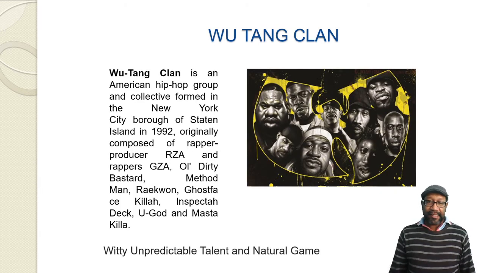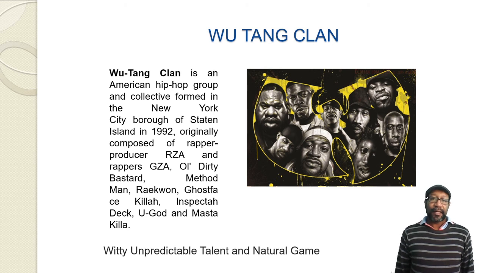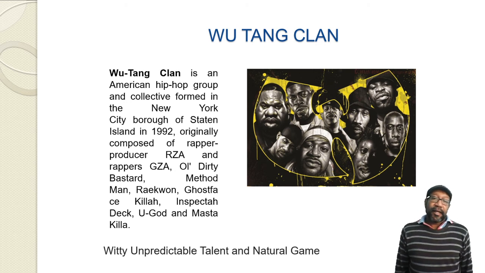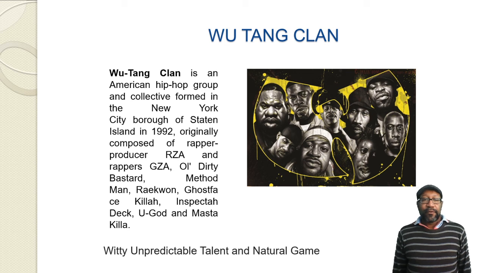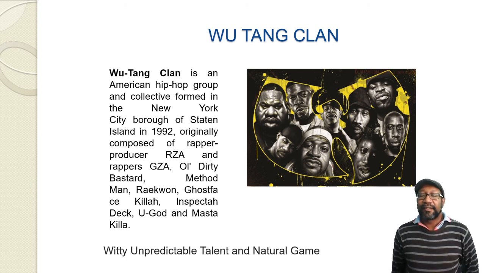Here we have another example of using acronyms. This is a hip hop group named Wu-Tang Clan, right? Formed in New York City on Staten Island. Composed originally by RZA and rappers GZA, Ol' Dirty Bastard, Method Man, Raekwon, Ghostface Killah, Inspectah Deck, U-God, and Masta Killa.